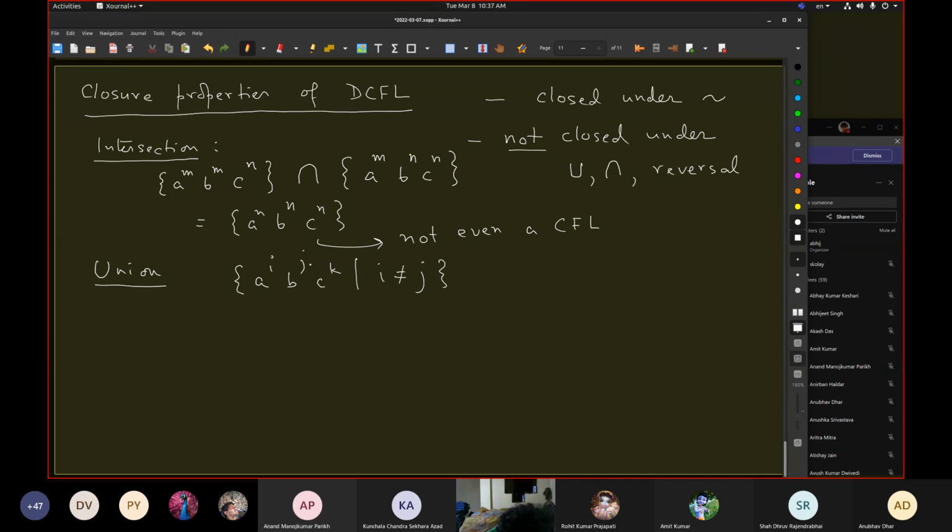Instead of matching i with j, I force i and j to mismatch, and c power k is some arbitrary appending of any number of c's. And if I look at the language a power i, b power j, c power k such that j is not equal to k, this is also deterministic context-free. I take the union of these two deterministic context-free languages and call it L.